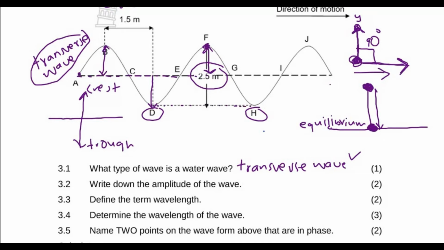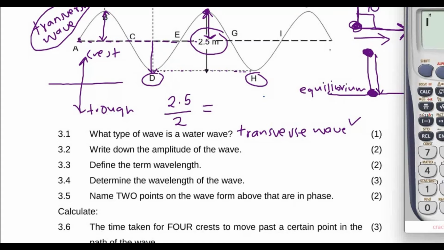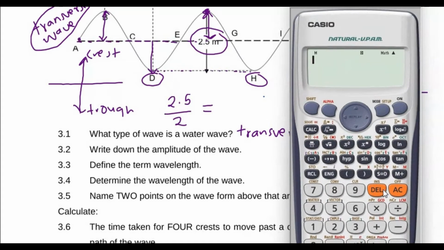And if those two distances are the same, it means to find the amplitude I can simply take the total distance from the trough to the crest, which is 2.5, divided by 2, which will give me how much? 2.5 divided by 2 is 1.25.